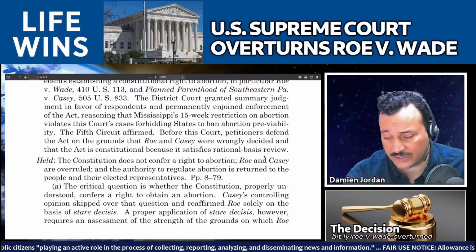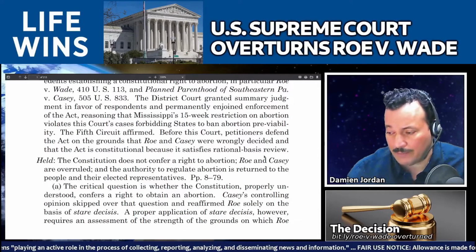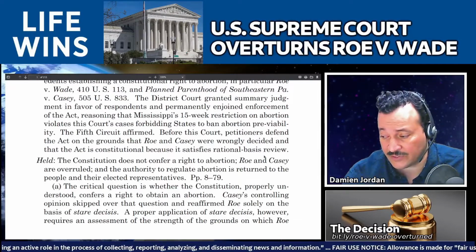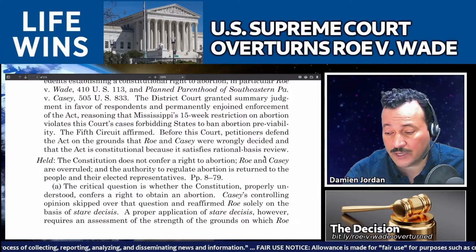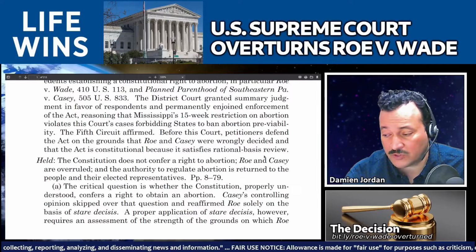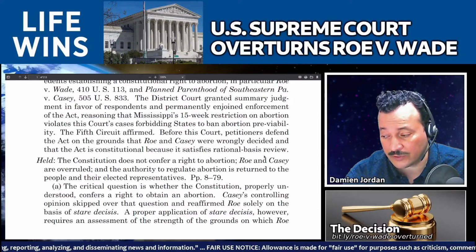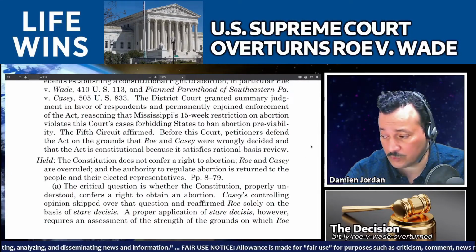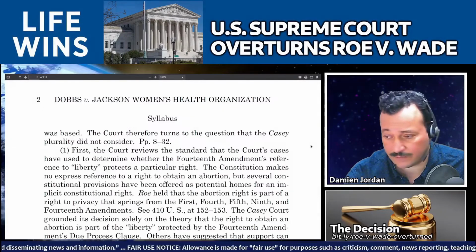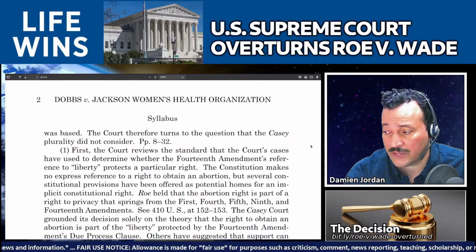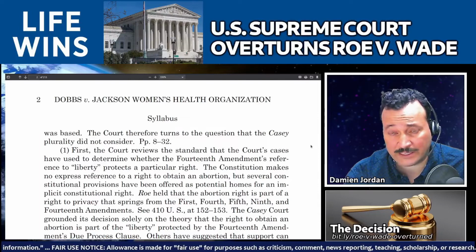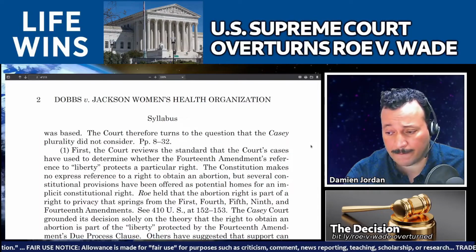A proper application of stare decisis, or judicial precedent, however, requires an assessment of the strength of the grounds on which Roe was based. The court therefore turns to the question that the Casey plurality did not consider.